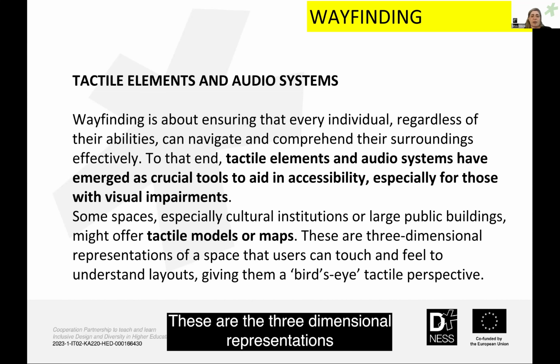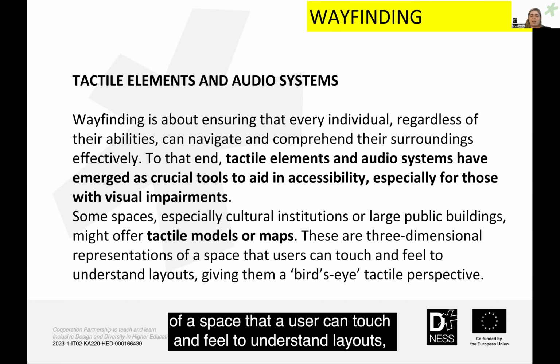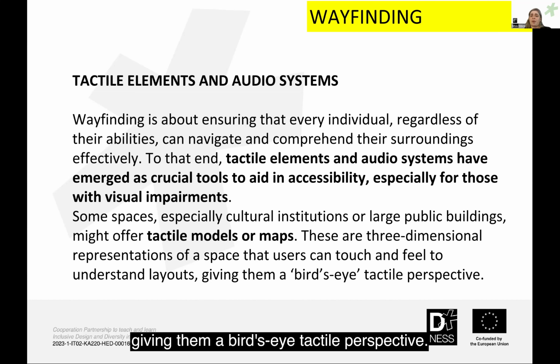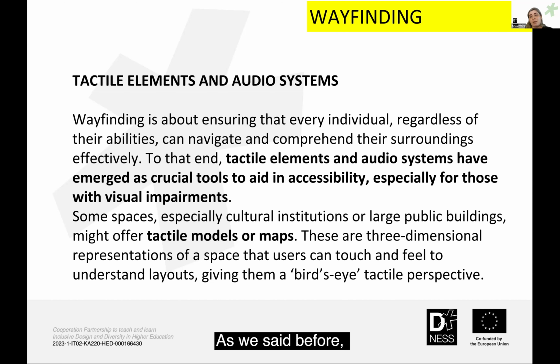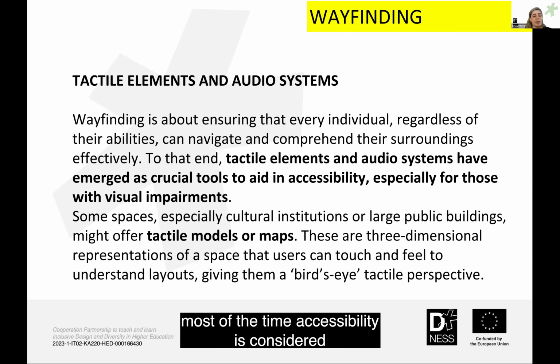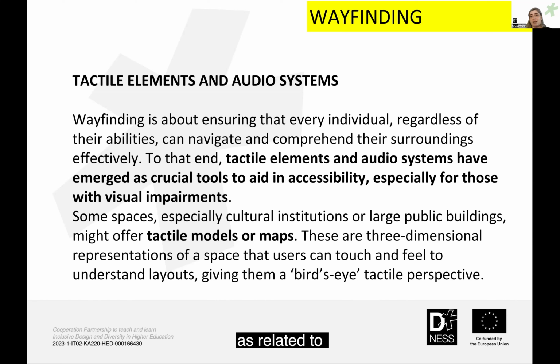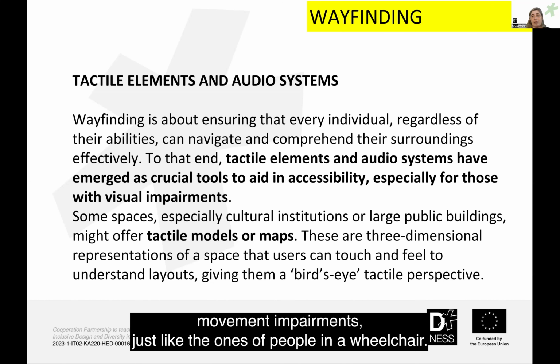These are three-dimensional representations of a space that users can touch to feel and understand layouts, giving them a bird's-eye tactile perspective. As we said before, most of the time accessibility is considered as related to movement impairments, just like the ones of people in wheelchairs.